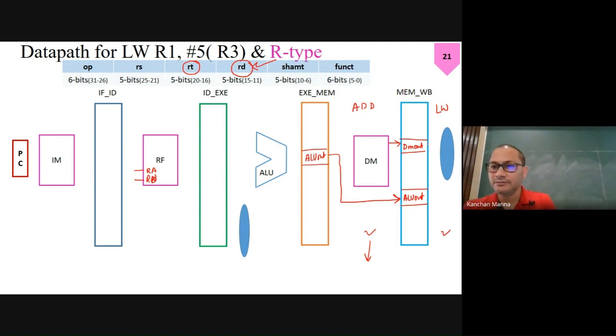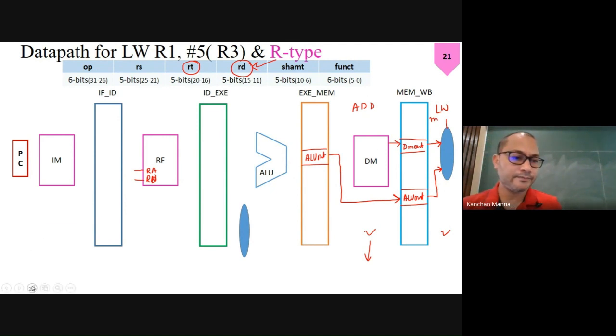So then we have to connect it like this. Got it? So here, what could be the signal name? Okay, let's say that is mem to reg.